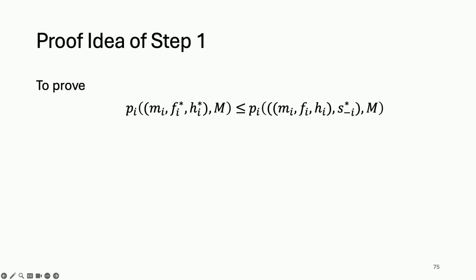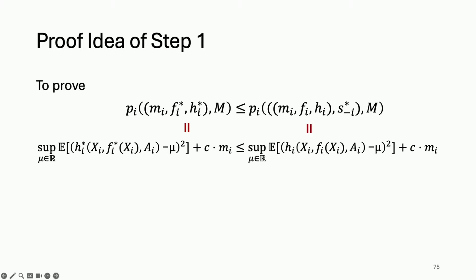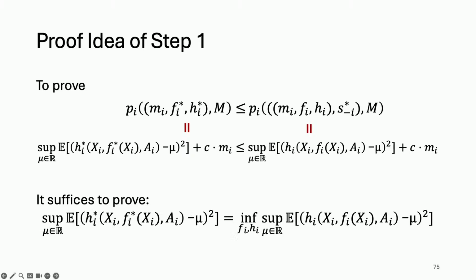So for step 1, to prove that the best thing for them to do is using F star I and H star I, well, if we just write down this penalty explicitly, it's basically trying to show that this combination of H star I and F star I can achieve the minimax risk for normal mean estimation.